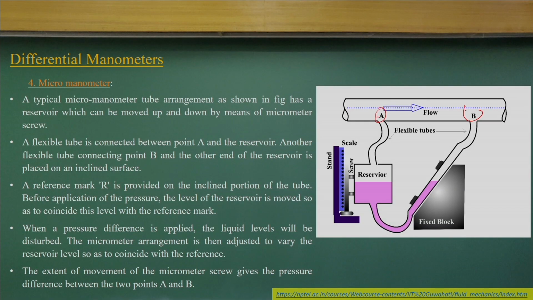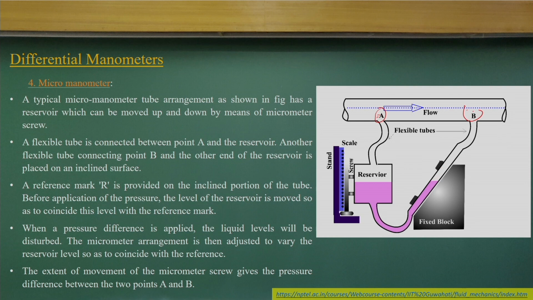We will discuss that in later classes at the end of this course. Basically, we want to measure the pressure between these 2 points, PA and PB. What we do is use a reservoir here, which is bigger, and then an inclined part.